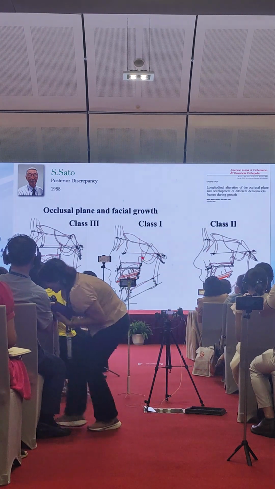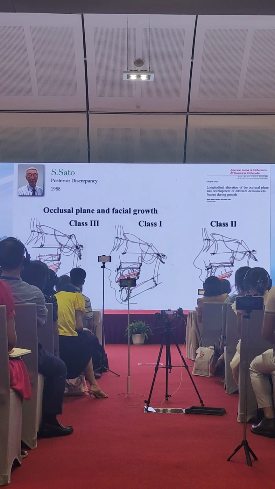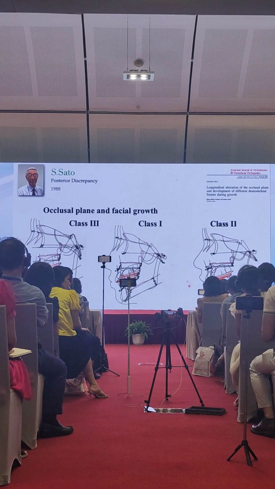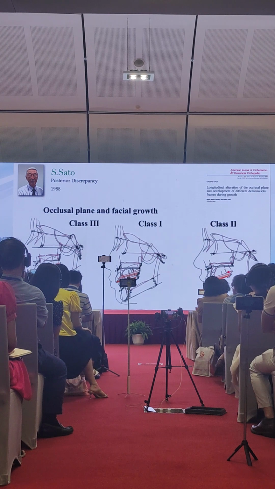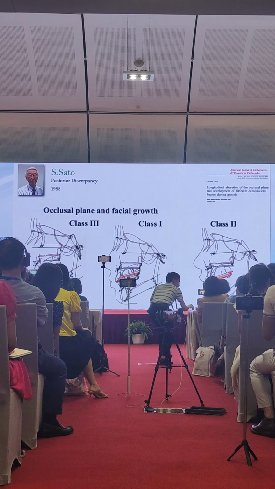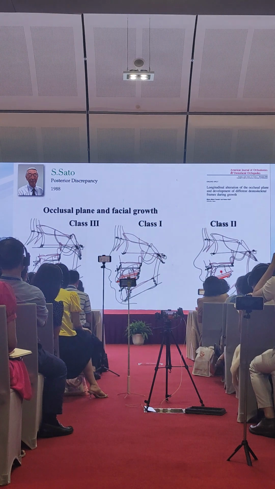There is no development of the occlusal plane, there is not enough eruption of the upper molars, and so, according to Sato, this is one of the causes of the downward rotation of the mandible.